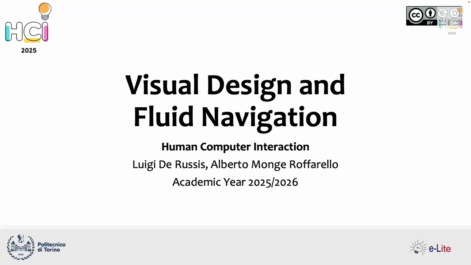Today we will finish this part about visual design and navigation, and then in the second slot we will start the evaluation chapter. So we will see a brief overview of what evaluation means from an HCI perspective, and then we will focus specifically on heuristic evaluation, which will be what you will do during the assignment 3.